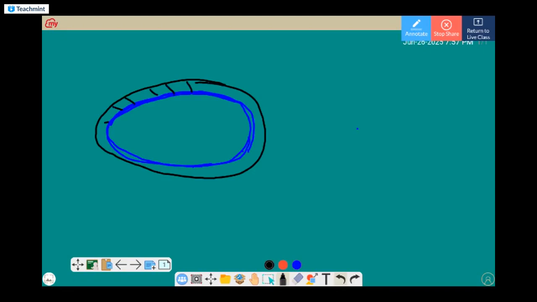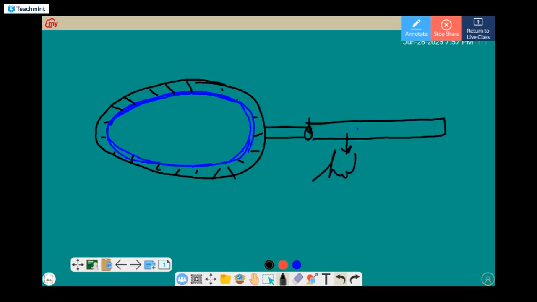The frame you can always put as dashes, and you may have a holder. This is going to be the holder. This is going to be the lens, and we know it's a convex lens.